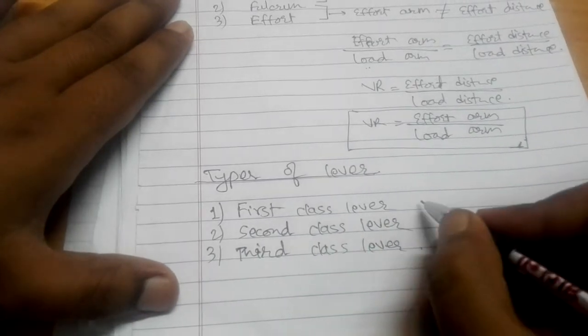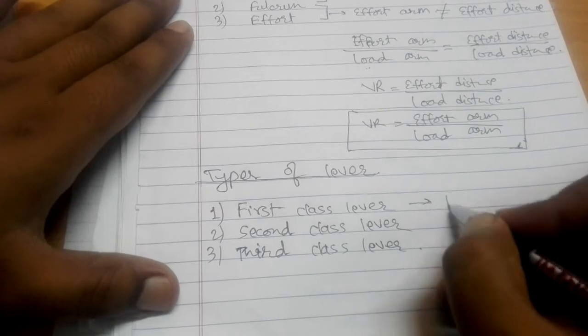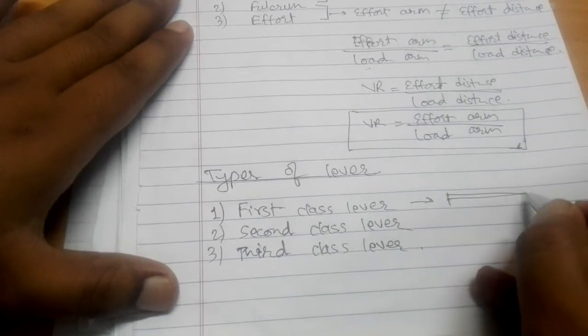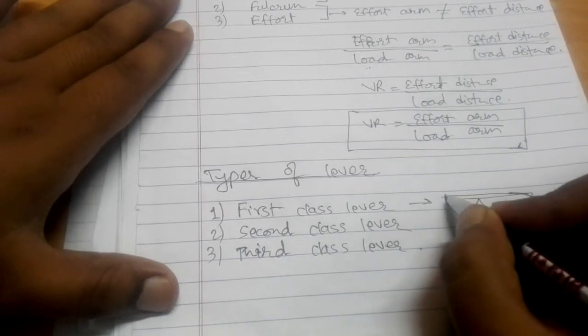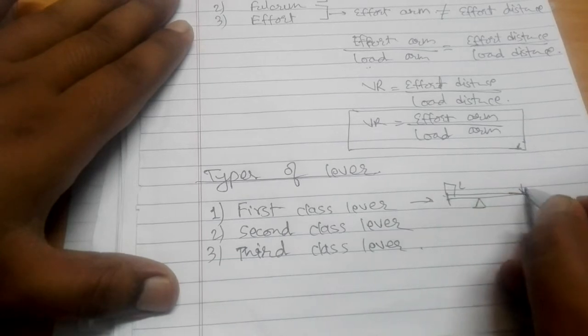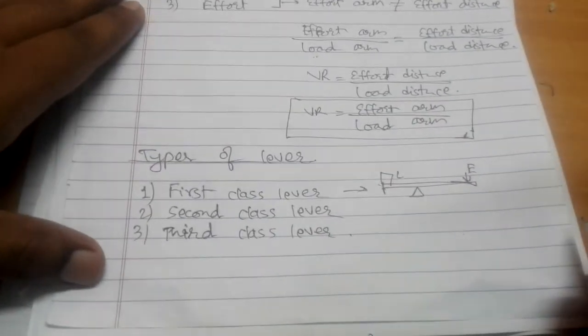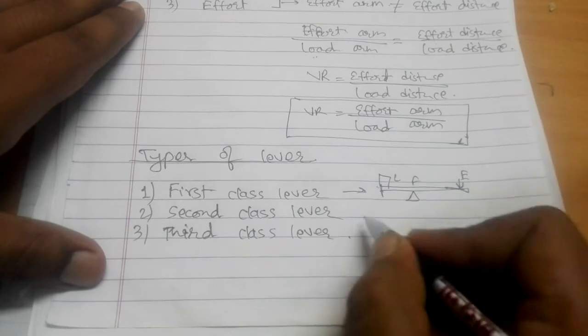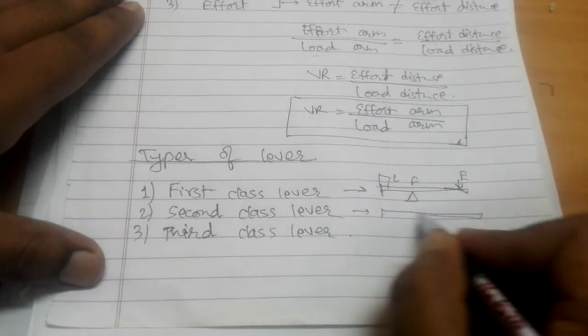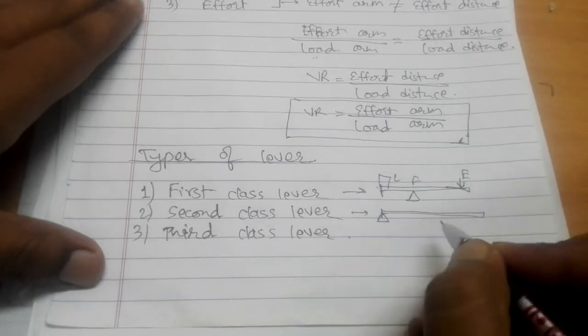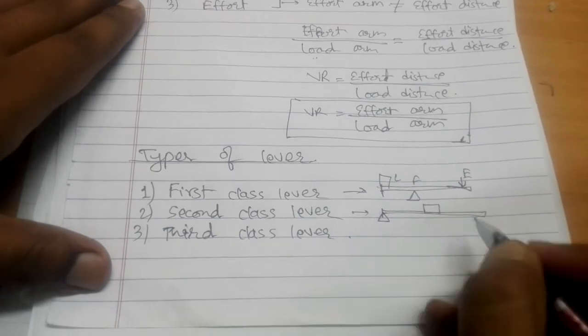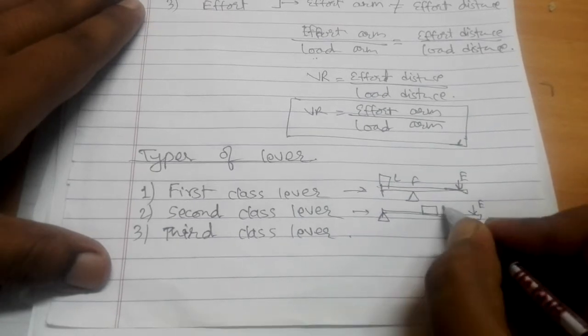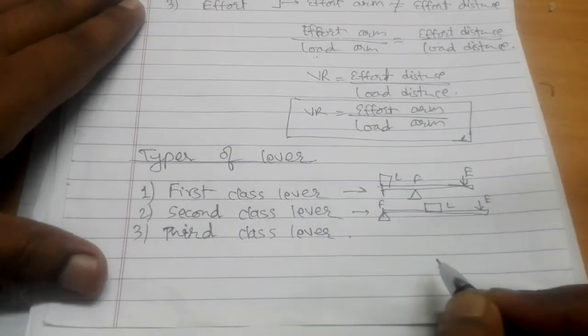First class lever means, suppose this is a lever, fulcrum is in the middle, load is at one side and effort is at the other side. And second class lever has fulcrum at one corner, load in the middle and effort applied at another point.